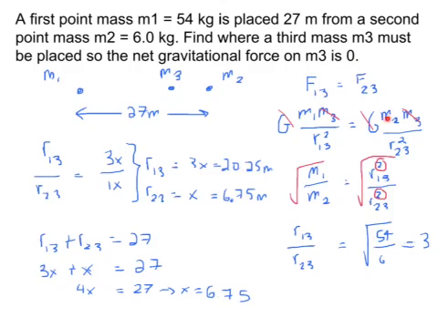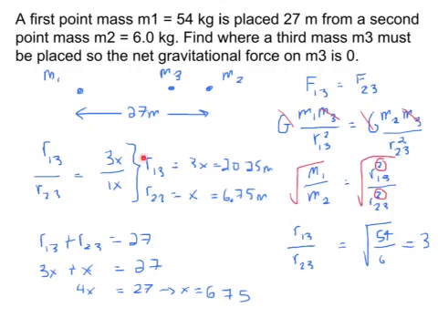Then I replaced both sides with Newton's law of gravitation. Then with a little bit of algebra, I solved for the ratio R13 over R23, and I got it equal to 3. Using that ratio, I defined a new number x, such that R13 was 3x, which I got by comparing the numerator, and R23 was simply x, which I got by comparing the denominator.